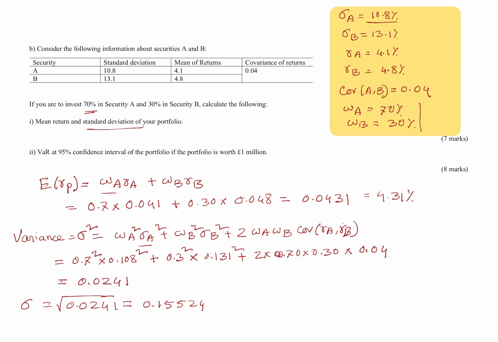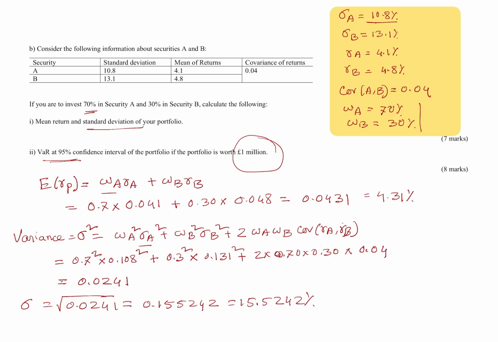Put all together in 4 decimal points, 15.5242%. I'm keeping 4 decimal points because of the VaR we need to calculate, and if the portfolio value is 1 million, even at 4 decimal points, that is actually a lot of money.